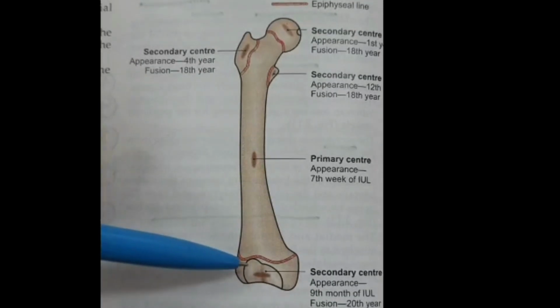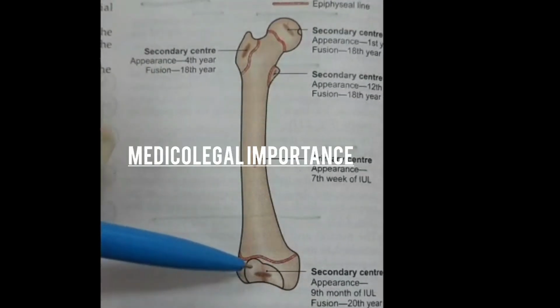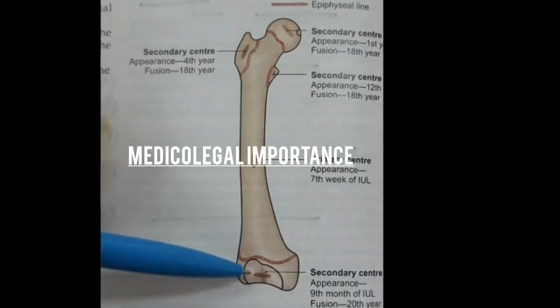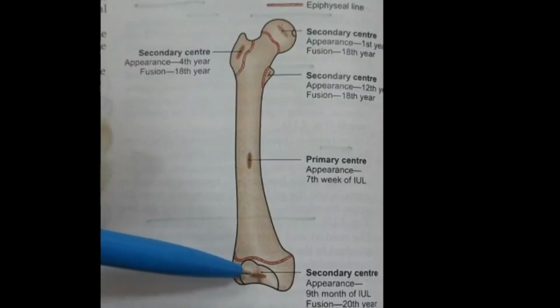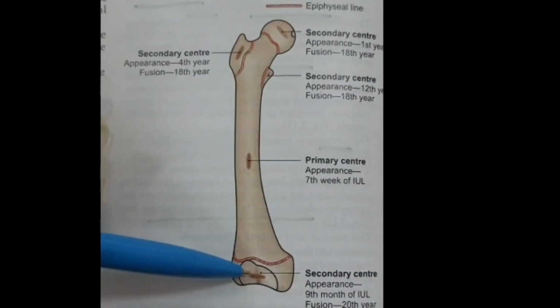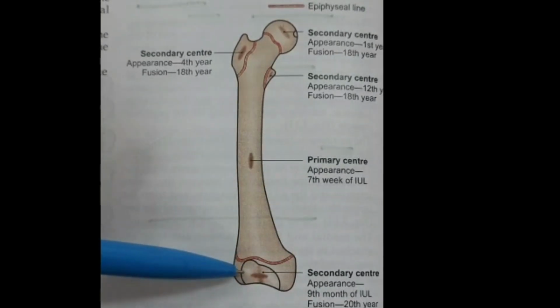There is another medico-legal importance for this secondary center. If a baby is found dead after birth, and there is appearance of the secondary center, we can say the baby is viable.